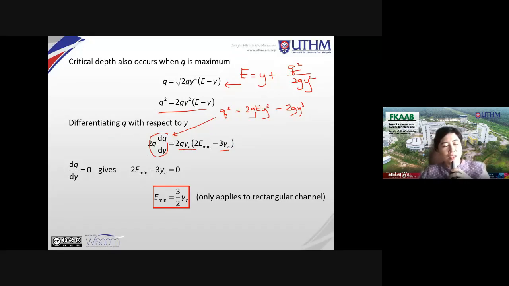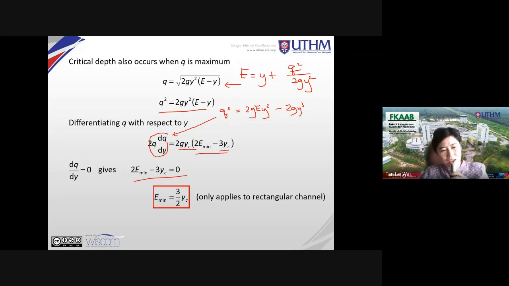So, when I set Q maximum, I have dQ/dY equals 0. If I bring this term to the left side, 0 divided by something gives 0, so you are left with only this term: 2E minus 3Y equals 0.